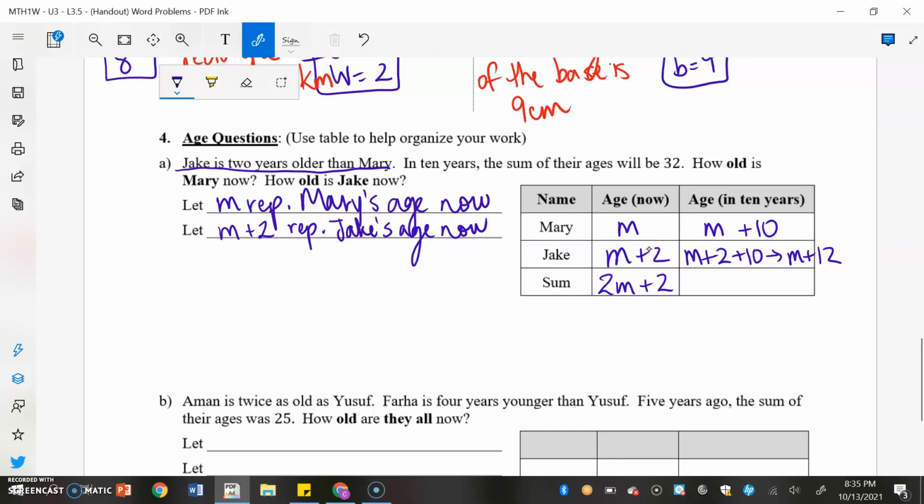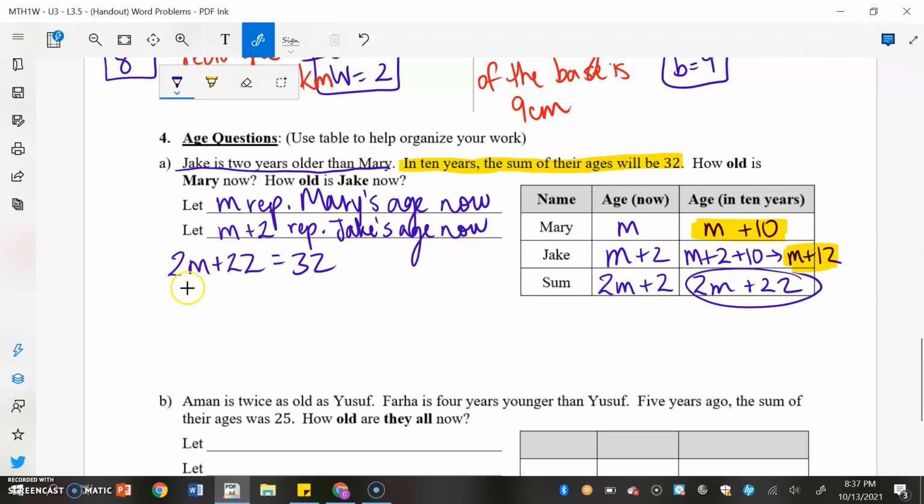If I wanted to sum up their ages in 10 years, we would have to add up M plus 10 plus M plus 12. Here we would have 2M plus 22. Now, since the question says that the sum of their ages will be 32 in 10 years, we can take their sum, 2M plus 22, and set that equal to 32.